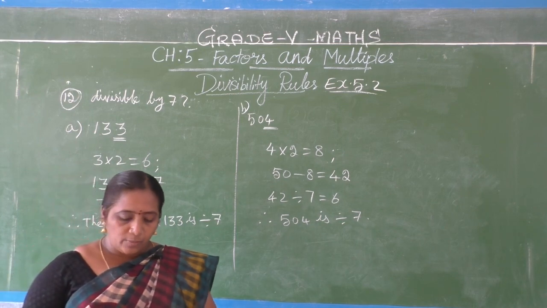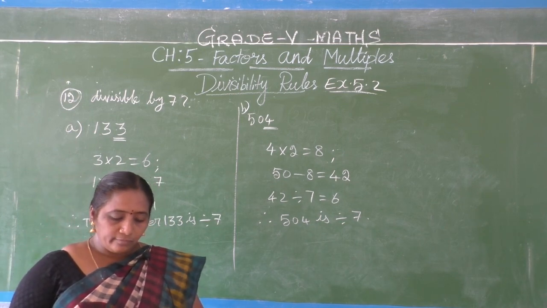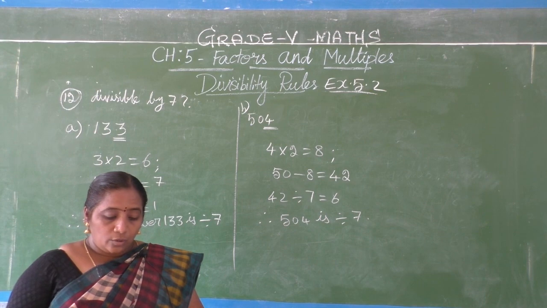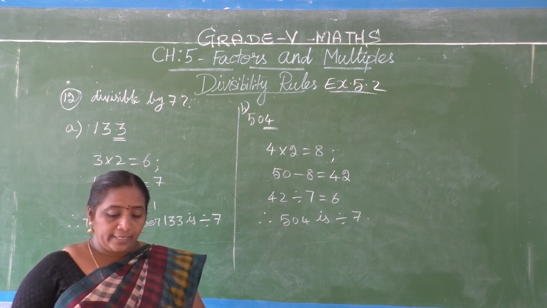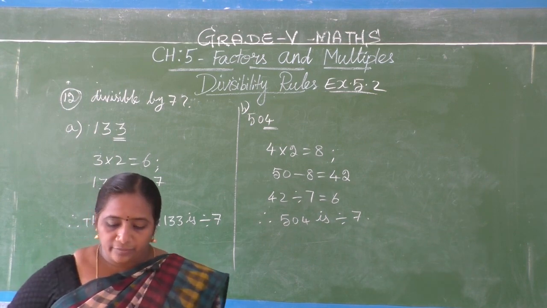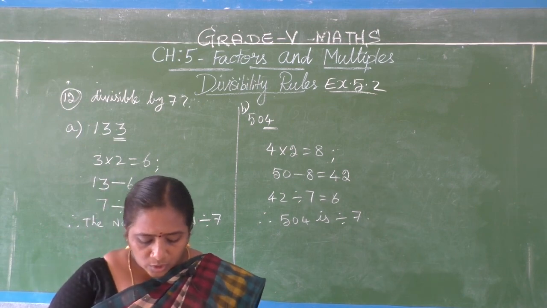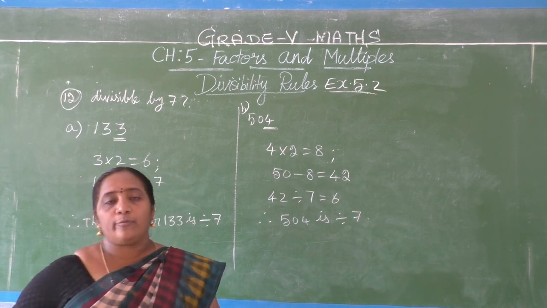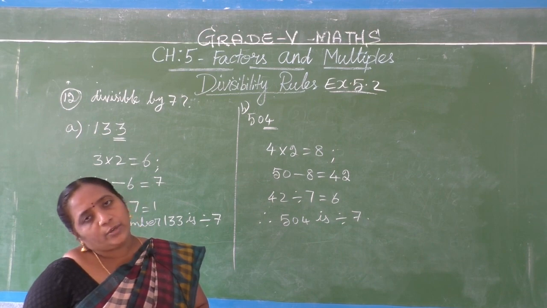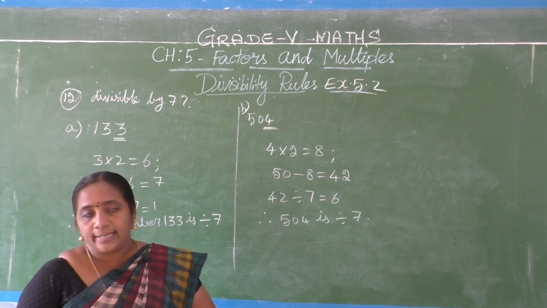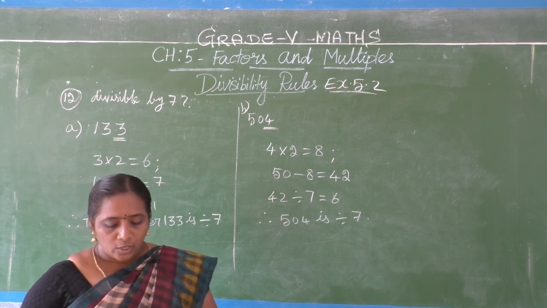And divisible by 2 but not 6. We didn't write that 6th rule. So this 13th one and 14th one you will see in your 6th standard because they didn't give them in your book. Okay ma.